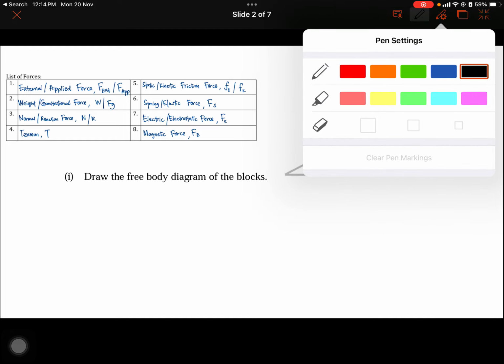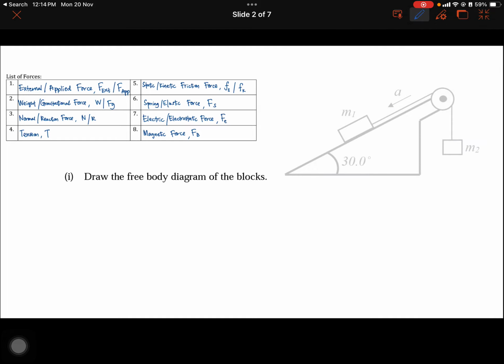If we take a look at our question just now, there is going to be no external force, because the force that causes the acceleration is due to the weight of the mass itself. So we're going to have the weight, and we're also going to have the normal force. The normal force happens because M1 is on a surface. Any object on a plane or on a surface will experience normal force. And then we have a string, so definitely we're going to have tension.